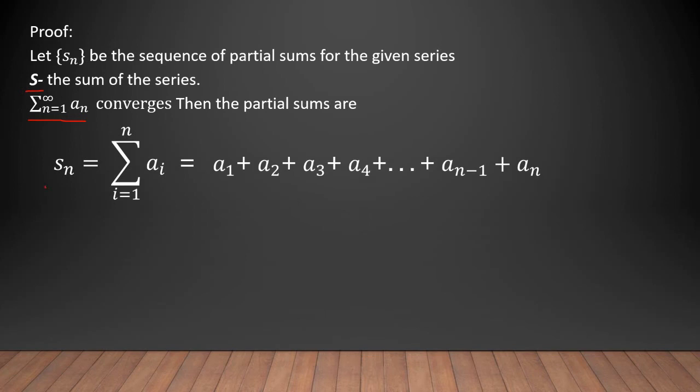So we have Sn, the summation of the sequence. Instead of using n, we use i, because we are going to get the partial sums only, so up until n only, not until positive infinity.